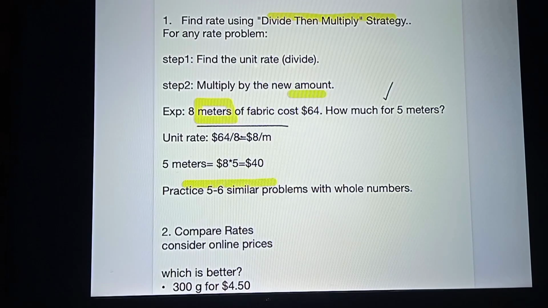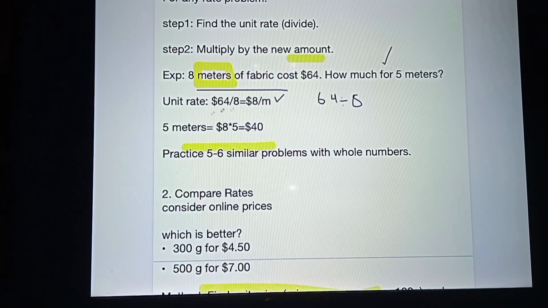So first we will divide 64 by 8. So we are getting $8 per meter. And then for 5 meters we will multiply this 8 with 5.